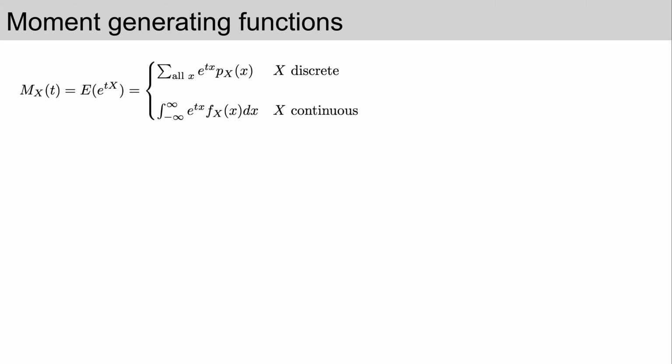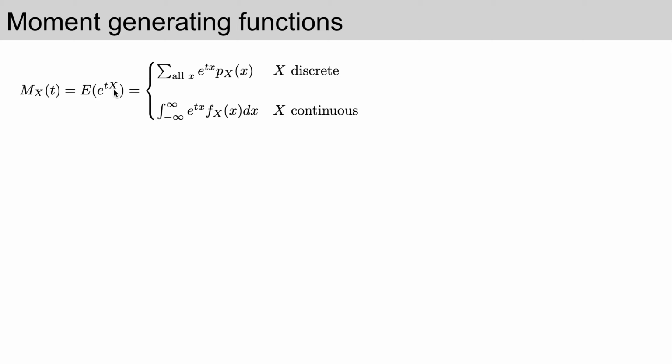The moment generating function for random variable x is denoted by the capital letter M, with subscript x denoting the variable to which it corresponds. By definition, the MGF evaluated at t is the expected value of e to the tx. So in this exponent, t is the value at which we're evaluating the function M, and x is our random variable.